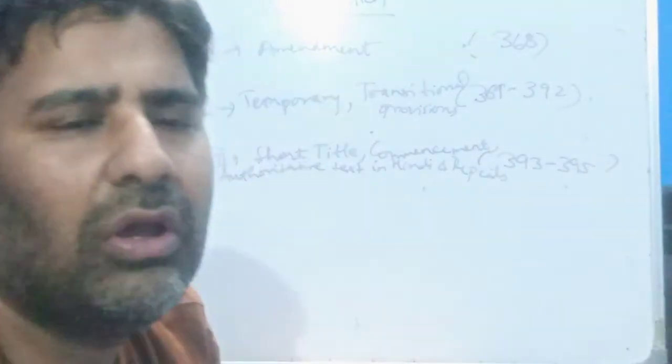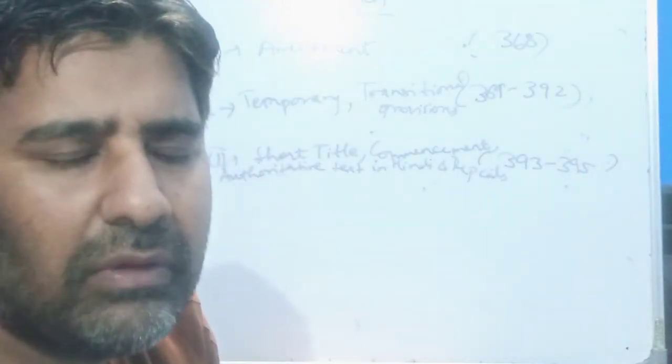Then tribunals, elections, and 352 to 360. So these are the important parts. You must remember these parts.